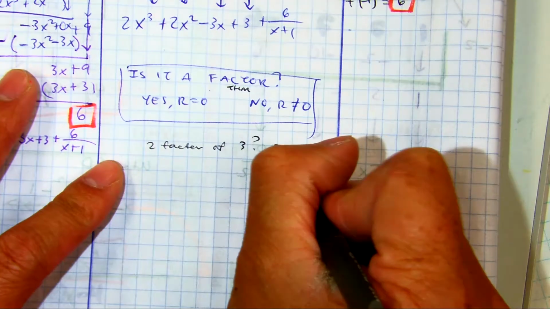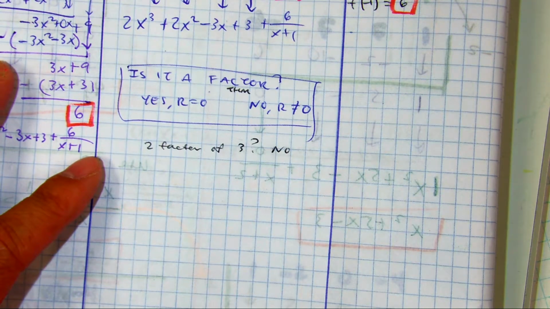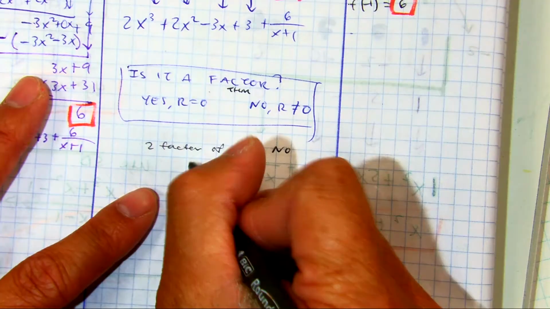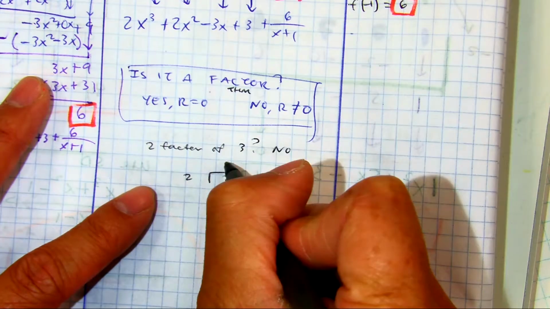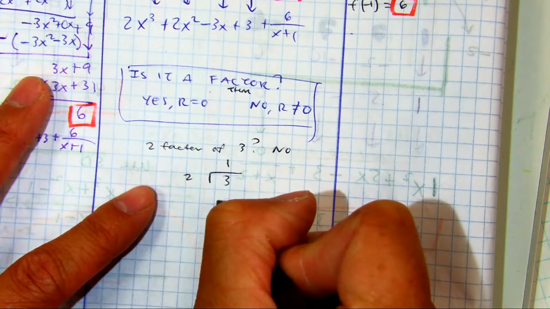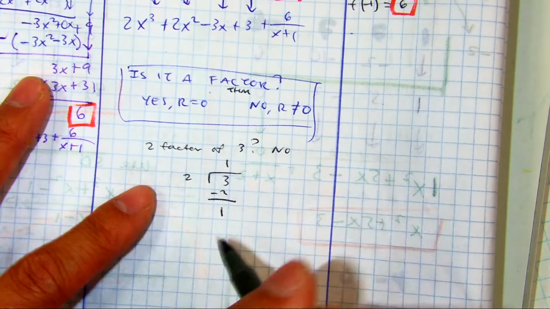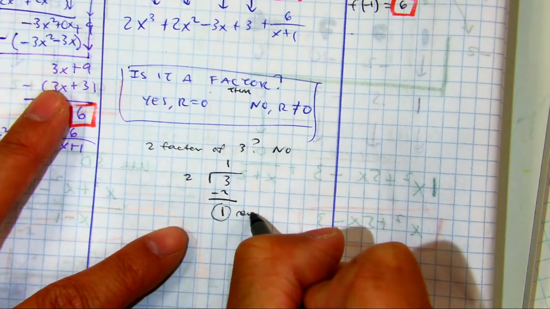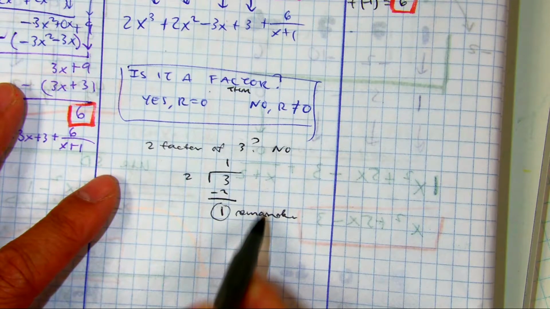Why did you say no? You can use division to test it. Watch. 2 goes into 3 how many times? And you multiply, what do you get? And you subtract, you get what? Okay, so this says I have a remainder. If you have a remainder, then it's not a factor.